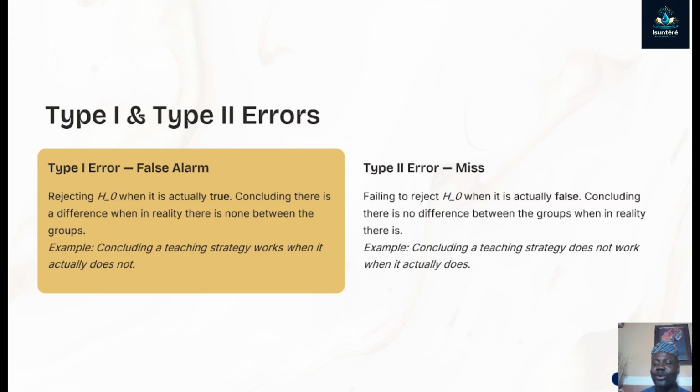It's a dangerous thing for somebody to have cancer and you say he does not have. But in education, we always run away from type 1 error. That means we don't want to conclude a teaching strategy works when it actually does not, or that groups have differences when actually they do not have differences.